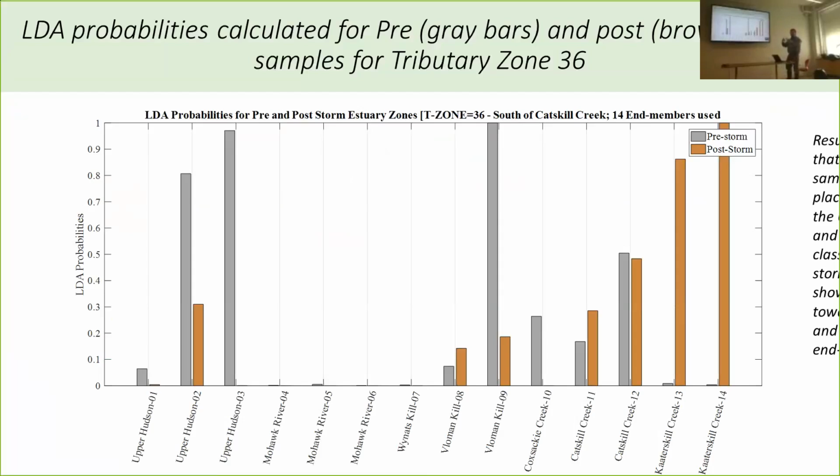So we do see a shift in the similarity of samples: after the storm, the samples where we had a pre and post comparison seem to be more similar to the Catskill than before.